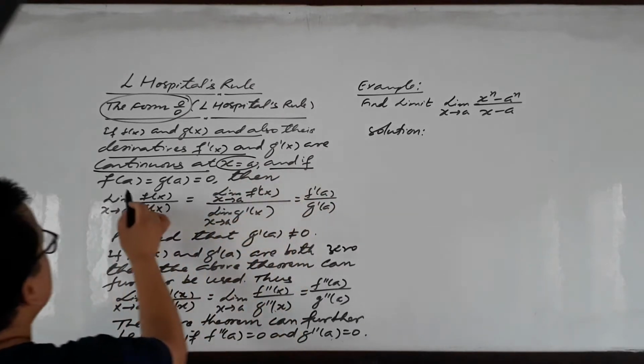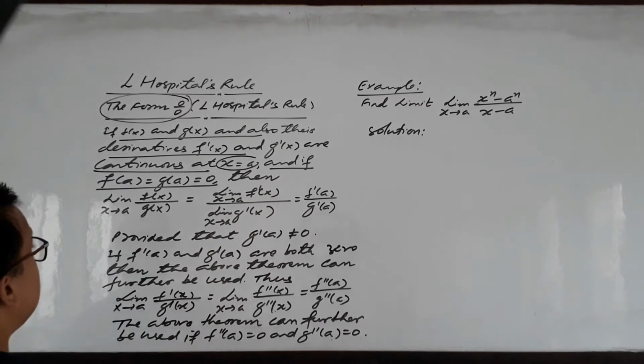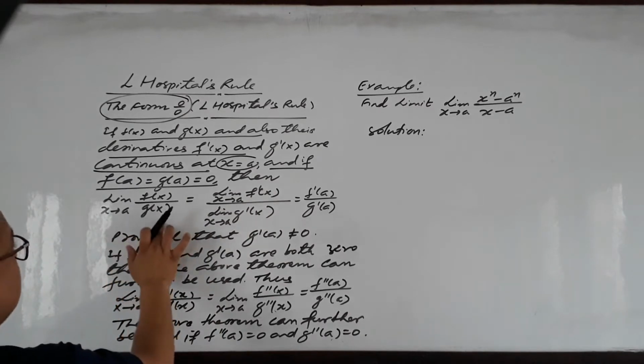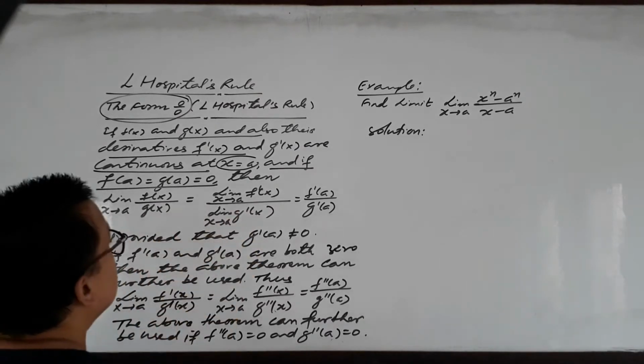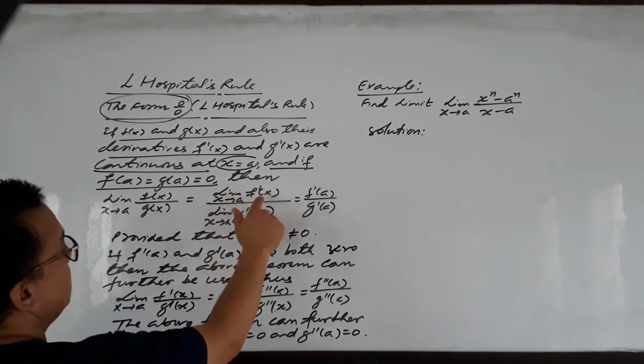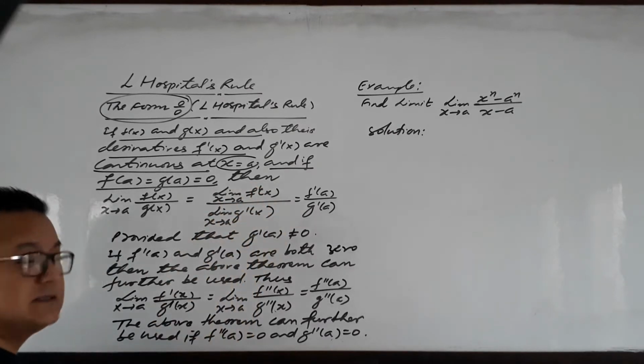If f of a equals g of a equals 0, then the limit of f of x upon g of x as x tends to a equals the limit of f prime of x upon g prime of x as x tends to a.